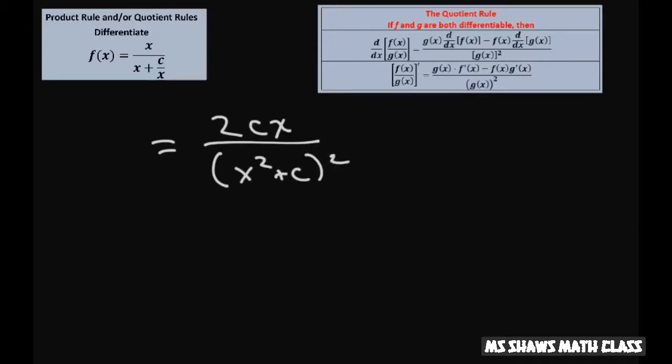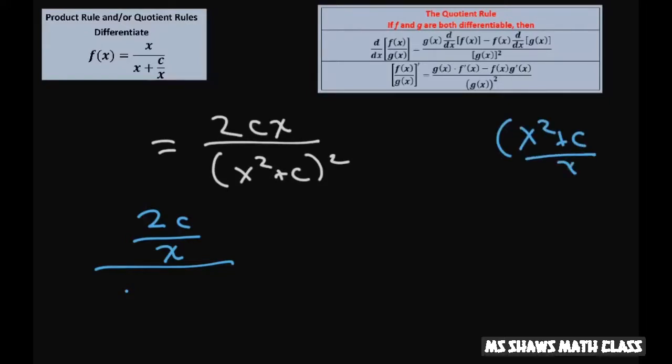I'm going to write this out again. So we have 2c divided by x, and then we had x squared plus c divided by x, and this was squared. So basically I'm writing this as x squared plus c squared divided by x squared.